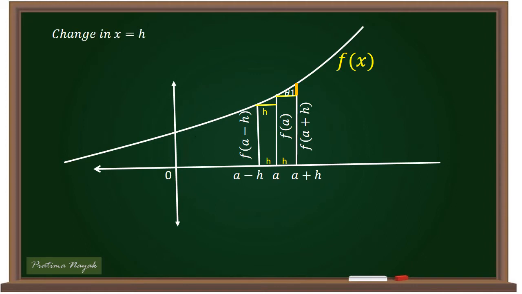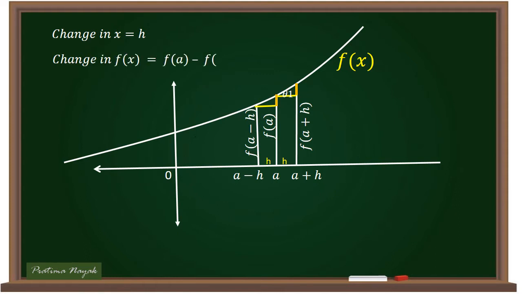It is h again. What is the change in y? So change in y is f(a) minus f(a minus h). And here the angle I denote as theta 2.